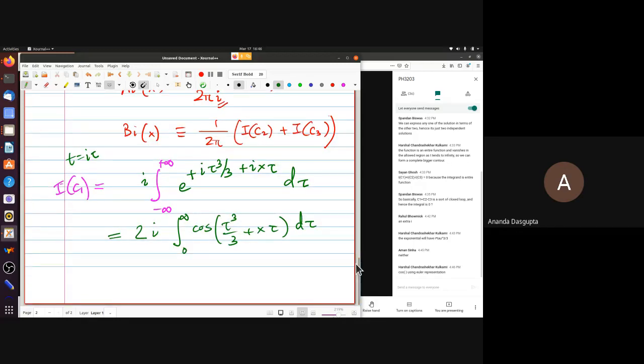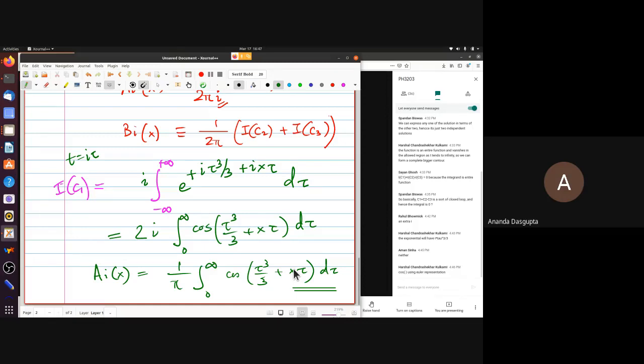I hope I have managed to convince you why Ai(x) has this i in the denominator. It's 1 by 2 pi i times i C1, right? So this basically is 1 by pi times this integral. And the good thing is, when x is real, this cosine of tau cubed by 3 plus x tau is a real quantity, and its integral from 0 to infinity gives you what Ai(x) is going to be.